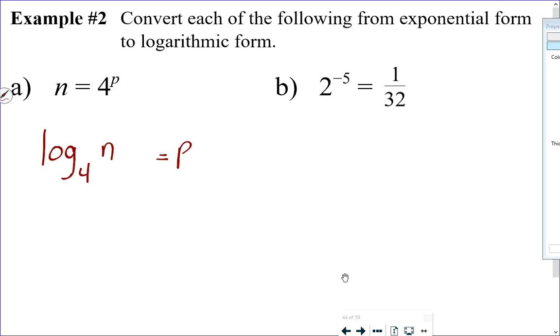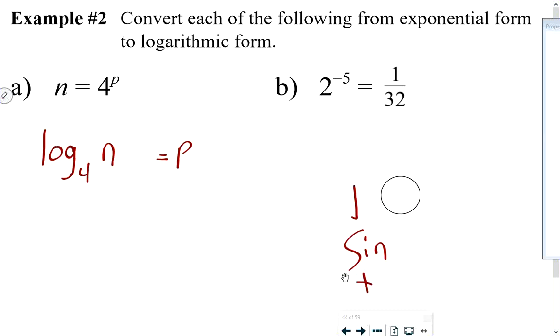What I have written on the left-hand side right now is meaningless. Log base 4 is as meaningless as writing square root or sine or plus. There's no argument to it. It only becomes useful when you load in an argument. In other words, you can't divide both sides by n. That n is part of the logarithm.